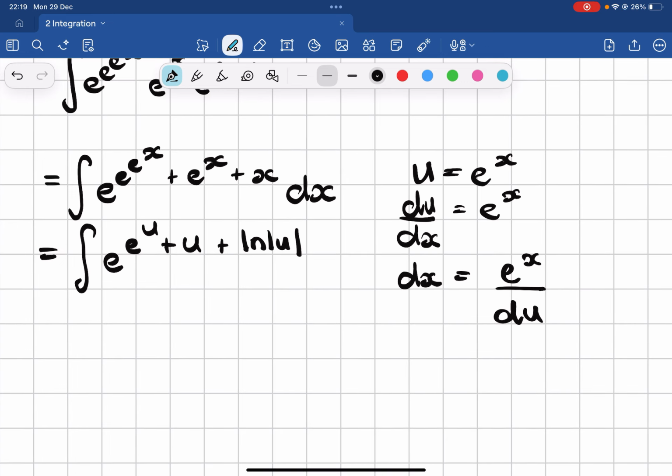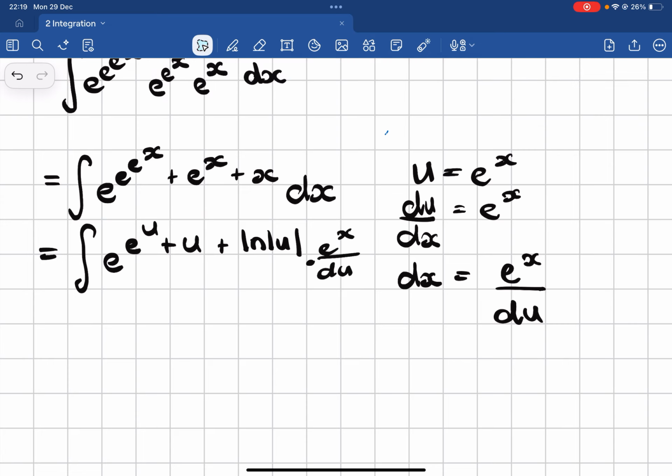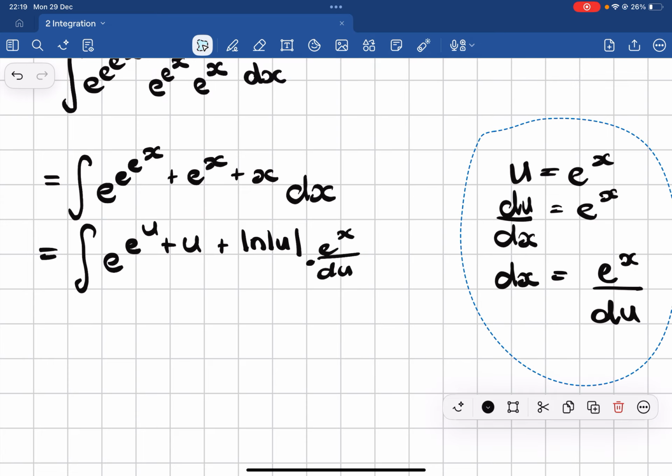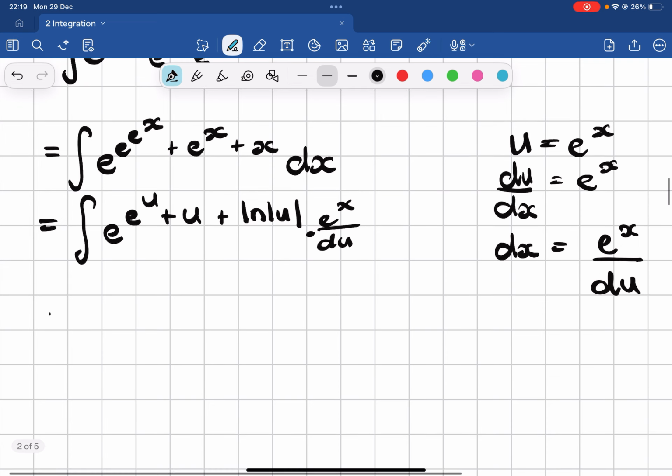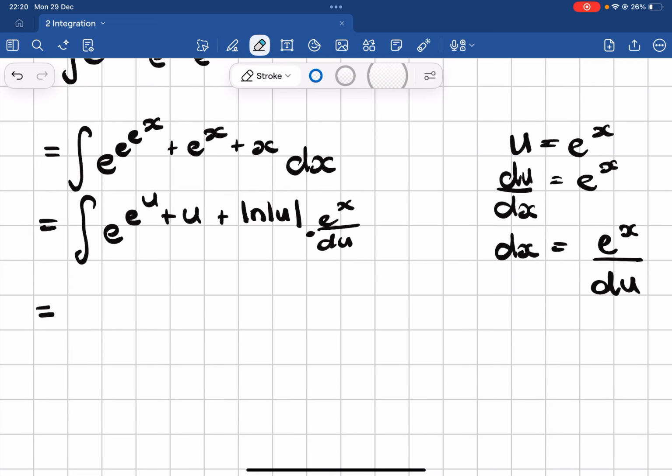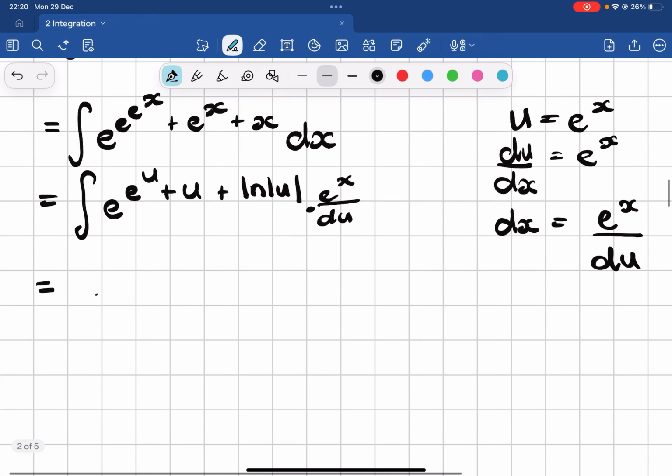From here we can't really do much. Sorry, no, we can replace dx with du over e to the x. Let's move this to the side. As I was saying, we can't really do much with this part of the integral, so what we can do is split our power.